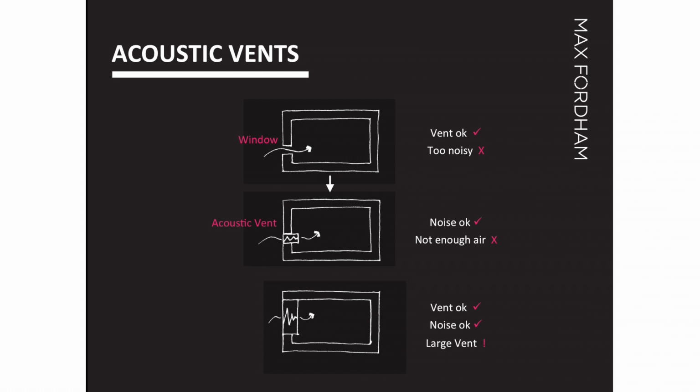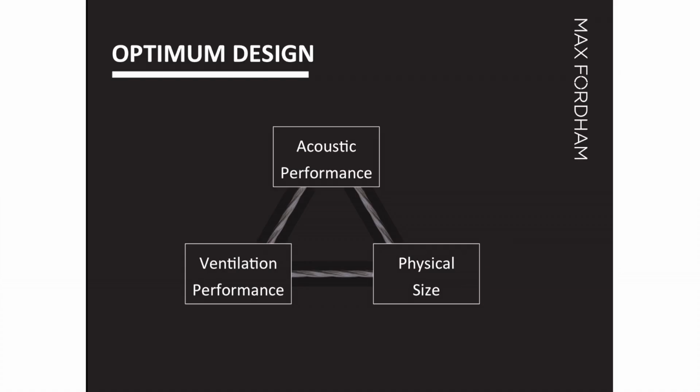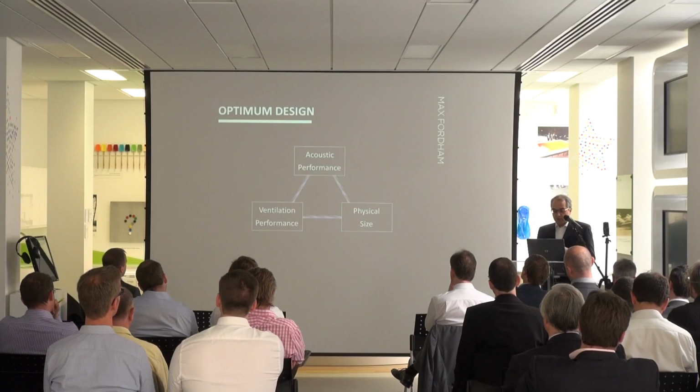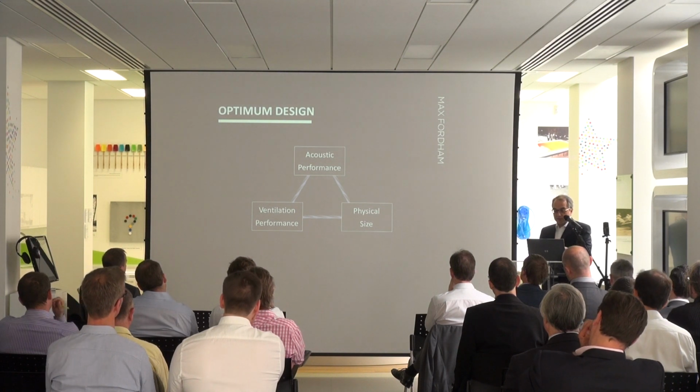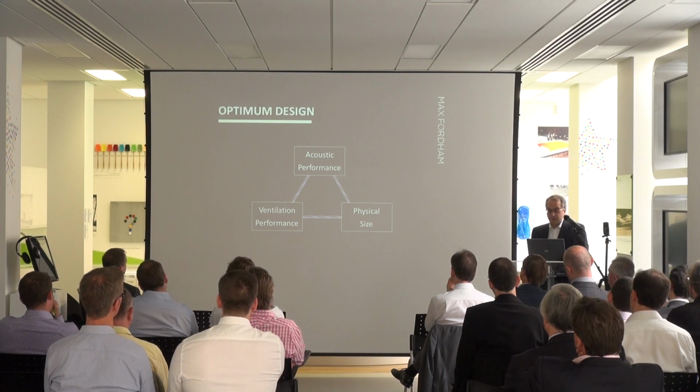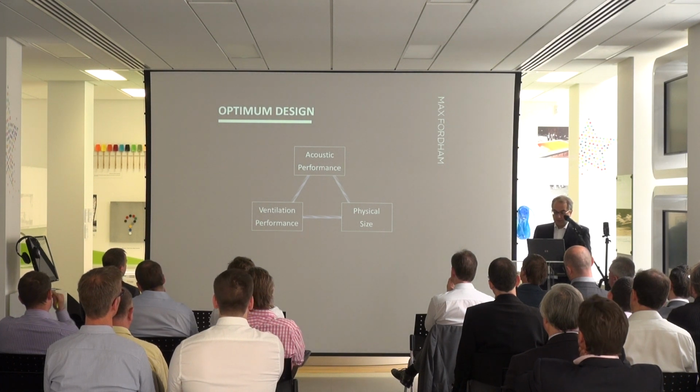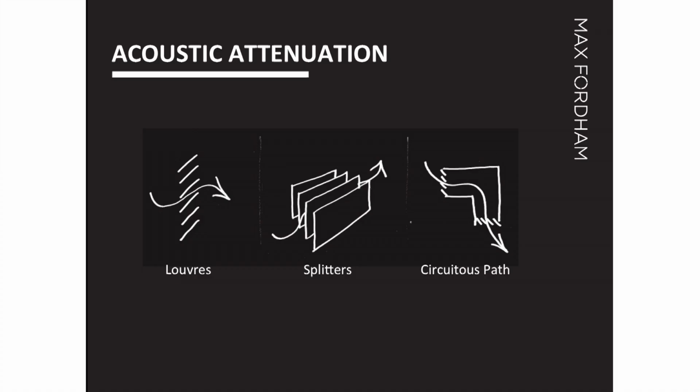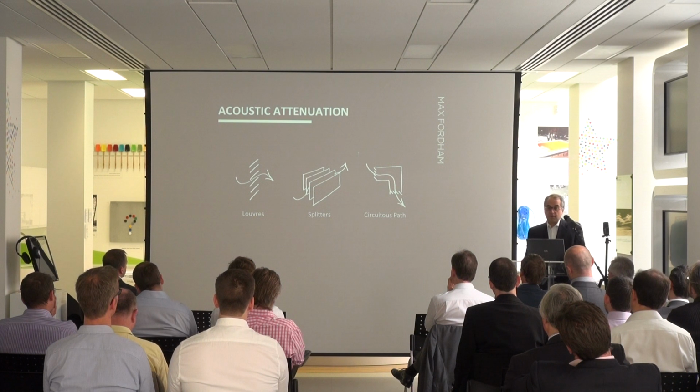Or we can enlarge the area of the attenuated vent, but then it may well occupy too much area of the facade. So we need to find an optimum point between the required acoustic performance, ventilation performance, and the physical size of our acoustic attenuation unit.